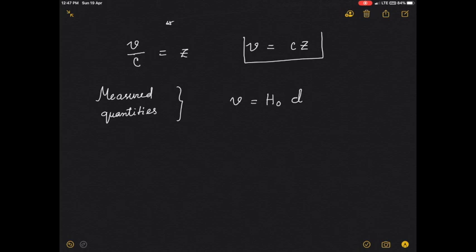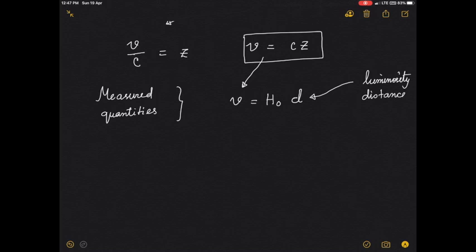So V is coming directly from here. d is measured by luminosity distance. H naught we call Hubble's constant.